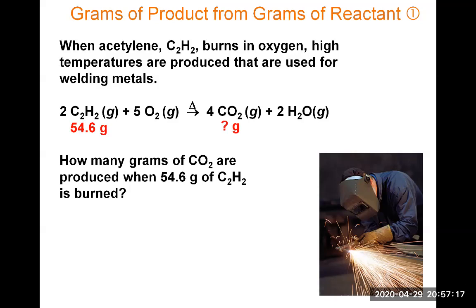So we have grams and we want grams, but the relationship we have between acetylene and carbon dioxide is a relationship in moles. And it's given by those coefficients from the chemical equation. And it says that we have 2 moles of acetylene that will produce 4 moles of CO2.